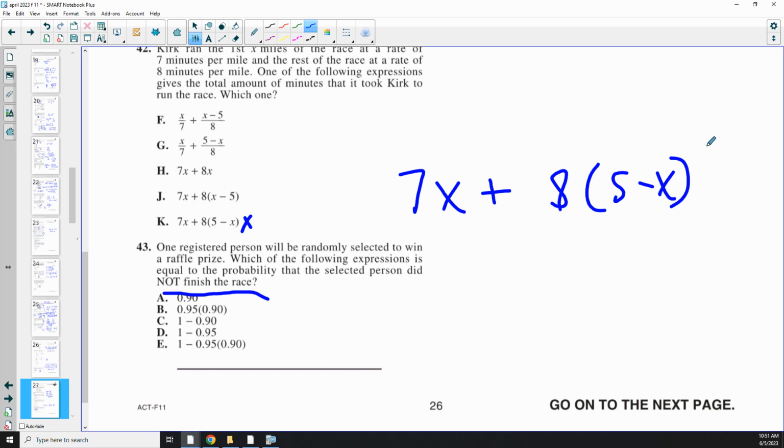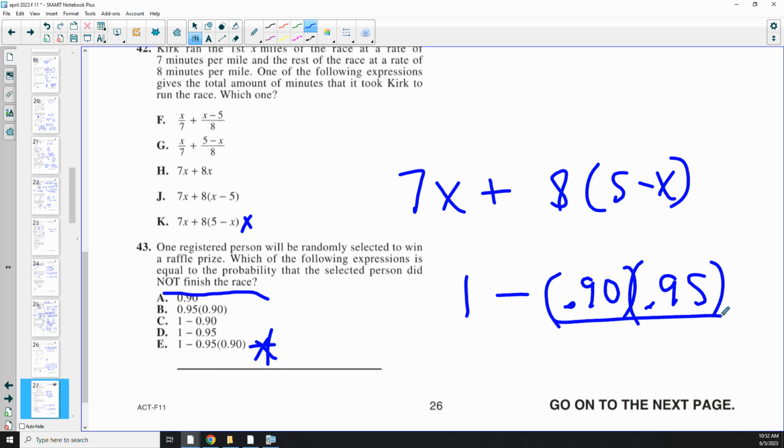So that matchup to me looks like E, because 1 is the whole percentage, and then 90% of the people showed up, and 95% finished. So this would represent the numbers who did finish the race of the registered, and we're looking for the not finished, so not would be probability 1 minus who did.